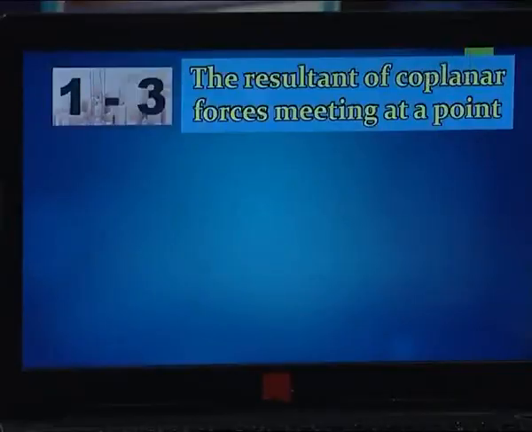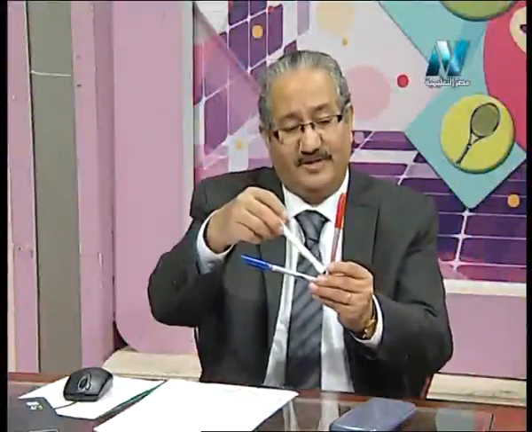My dear students, we are going to study the third lesson here, which is the resultant of coplanar forces meeting at a point. The first lesson talked about two forces acting at a point. Two forces here, F1 and F2, act at a point, and we have found the resultant of them.